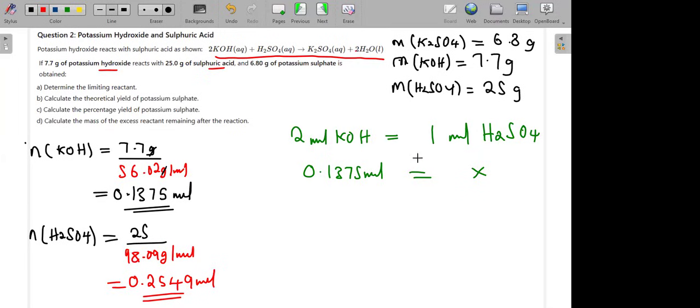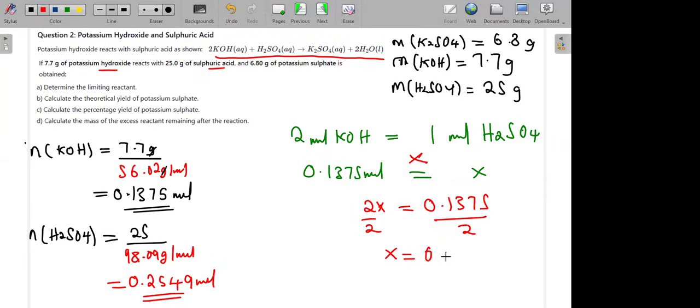So you put the x there and then you cross multiply. So this will be 2x is equal to 1 multiplied by this, that's simply 0.1375. So I'm going to divide this by 2. So x will just be equal to 0.1375 divided by 2.